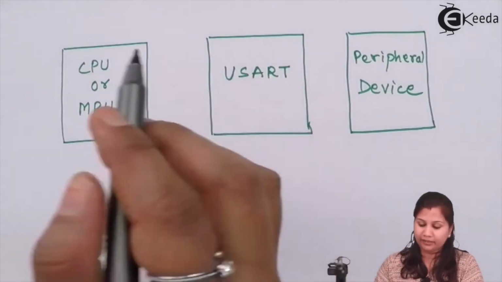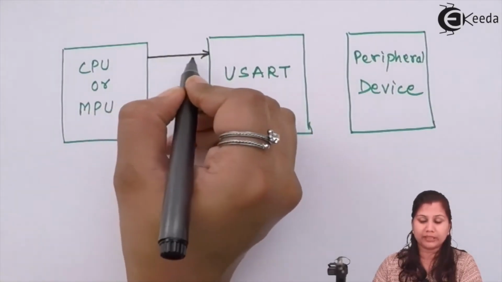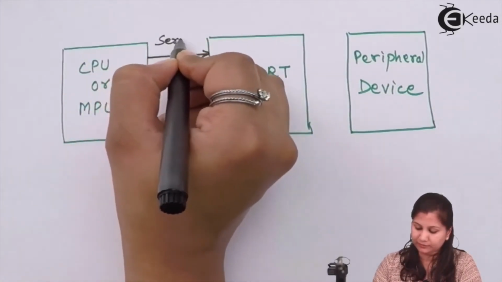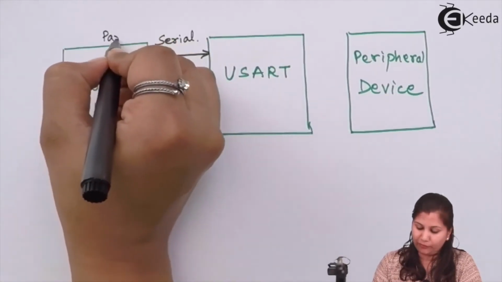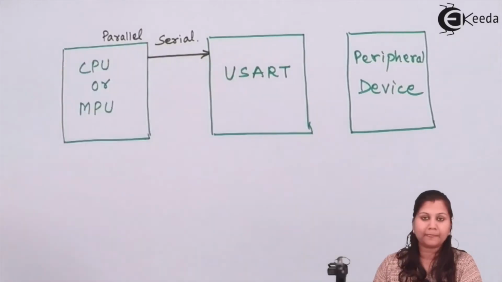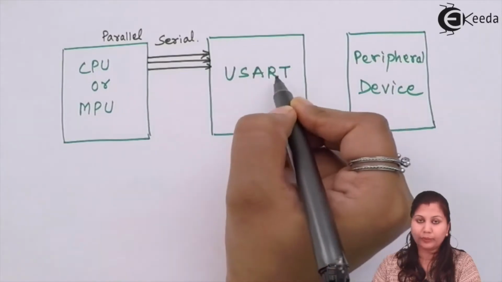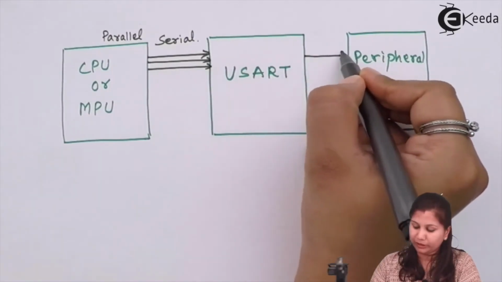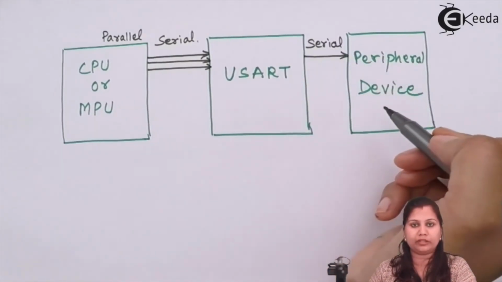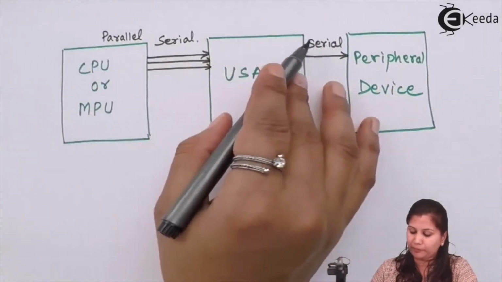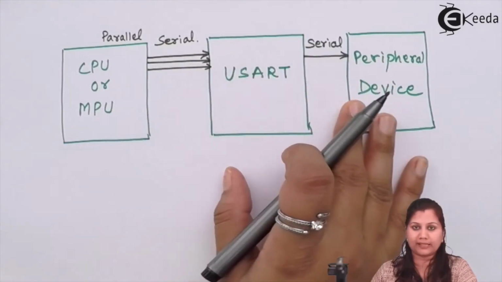So when this CPU is transmitting the data, inside it, it is having the data in the form of parallel. Okay, so this parallel data will be given to the USART. It is going to convert it into the serial data and transmit it to the peripheral device. So it is performing the parallel to serial conversion at the time of transmitting.